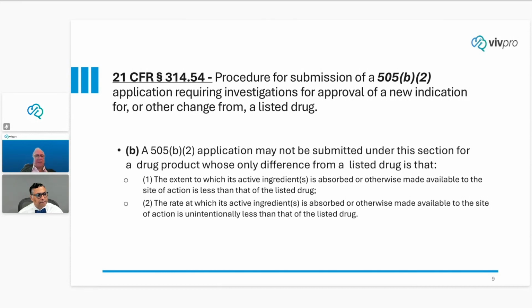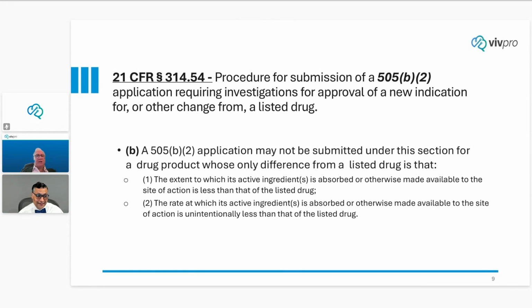Is it a new molecular entity that was never approved in the US? It's not approved by FDA. Yes, then you cannot use the 505(b)(2) scenario because there is no reference drug that you can rely upon for information. So you have to go through the full route of the submission because it's considered a brand new molecular entity.